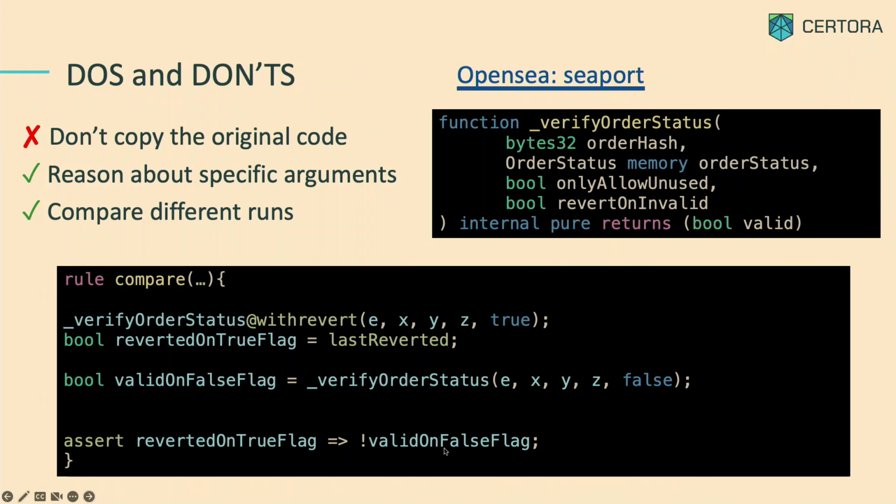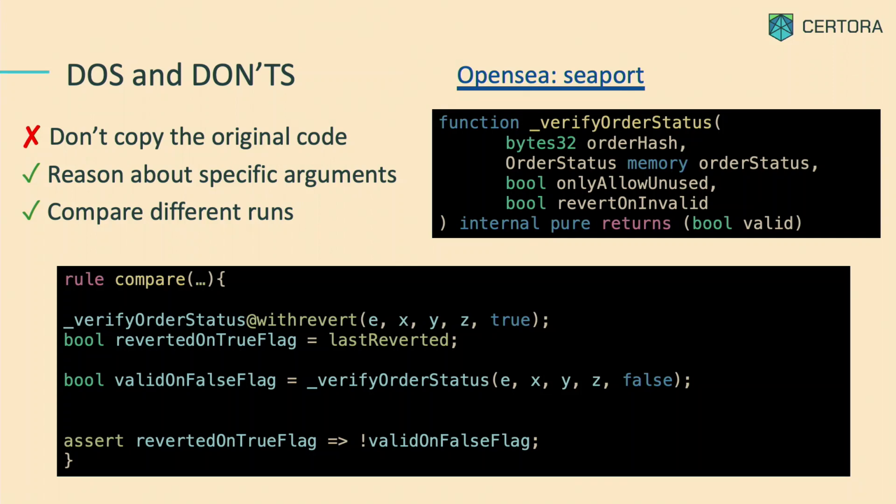Makes sense? Okay, this is, again, a very strong unit test tool. It doesn't look at the exact implementation. It looks at the arguments and the return value of the function. Okay, so these are comparing different runs.